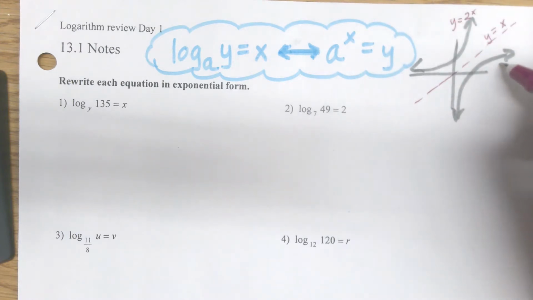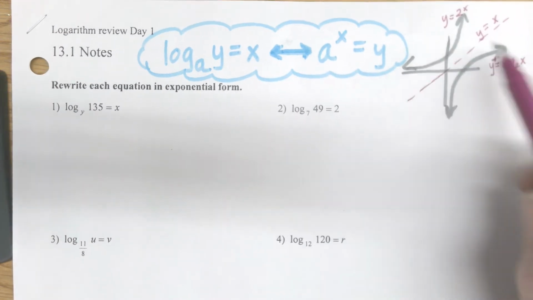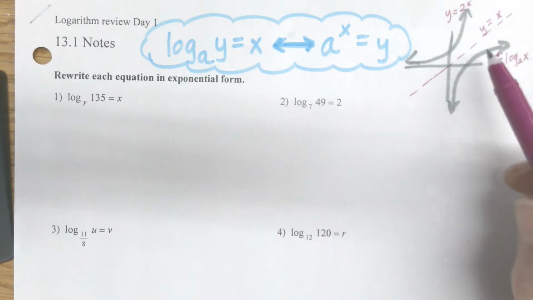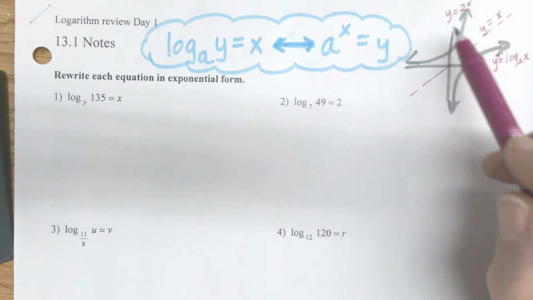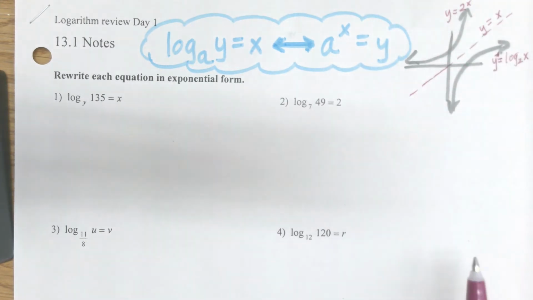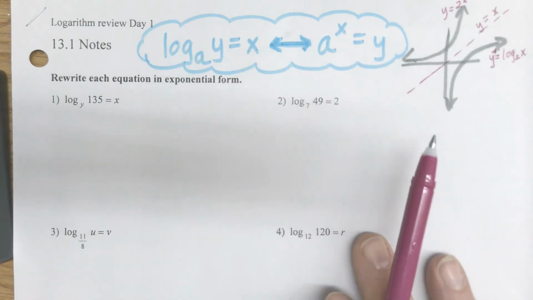This would be the inverse function, y inverse, remember we put that little -1, would be the log base 2 of x. That's where you flip-flop your domain and your range in an inverse, and so they are inverses of each other.